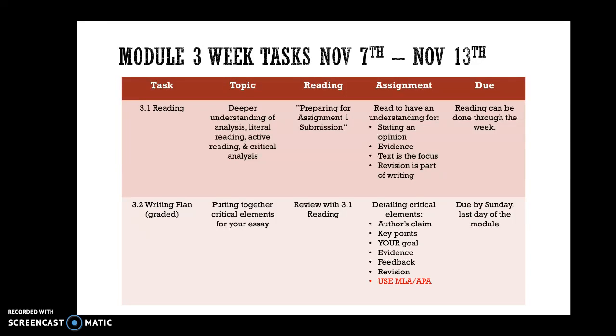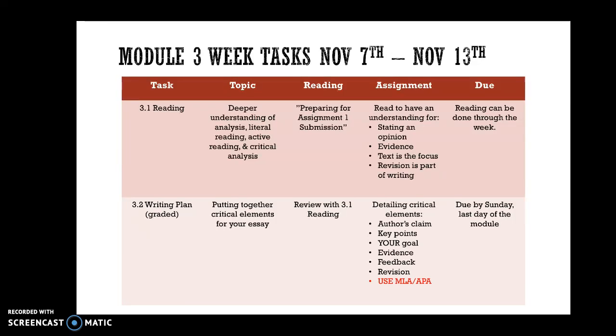The second task for this week is the writing plan. And I will be talking more about this in a second, but just the basics of this is the topic, the objective of this is to put all the critical elements together. You can use the reading, preparing for assignment 1 to help you.